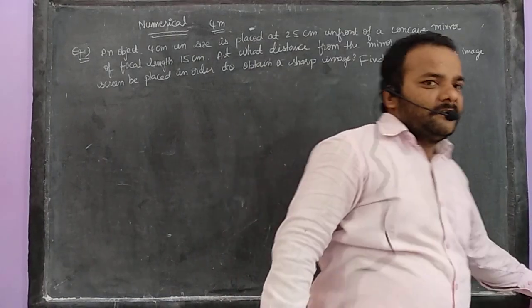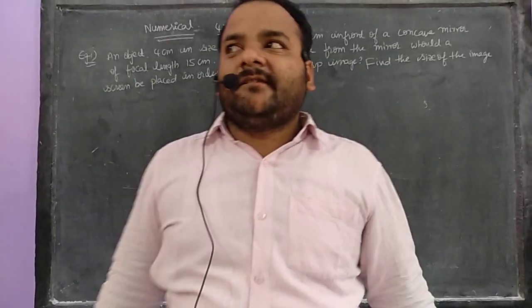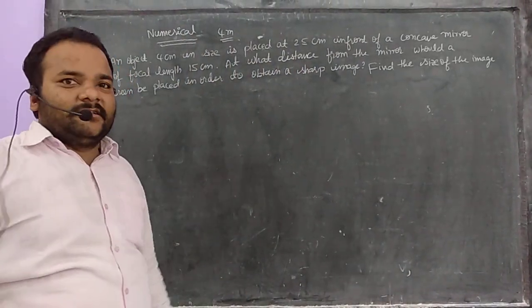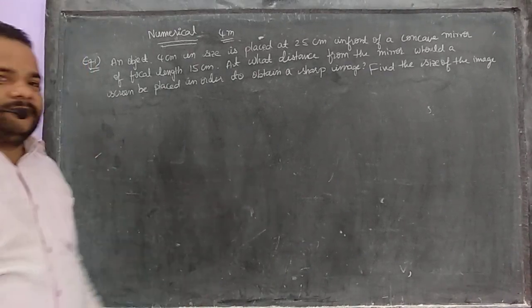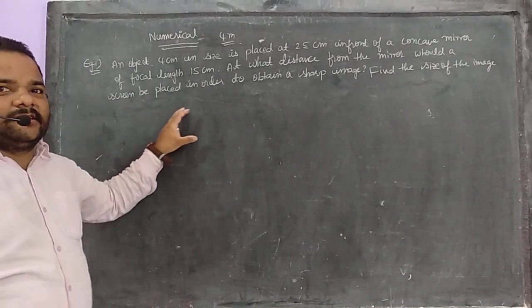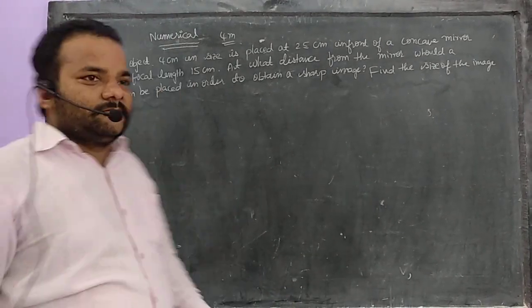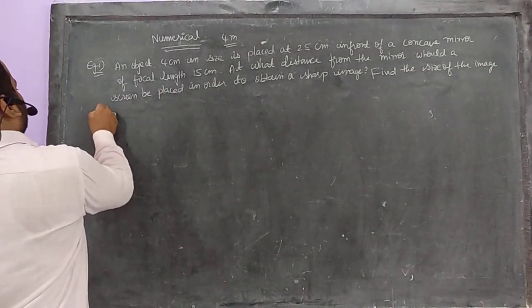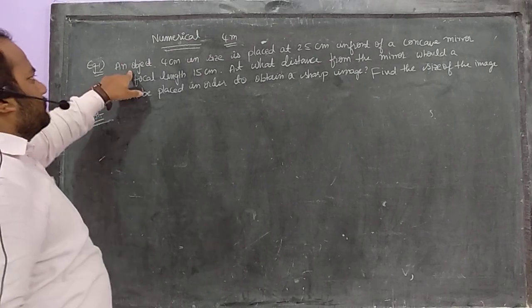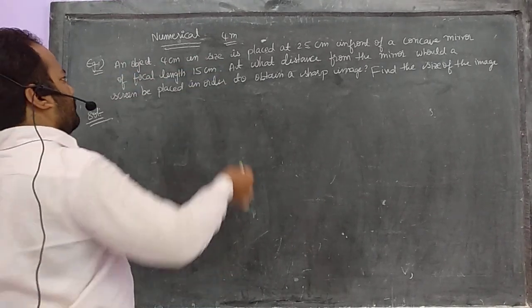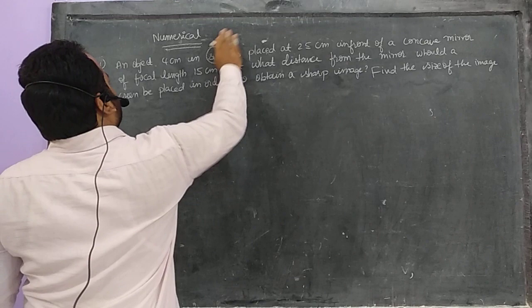So we will solve this problem, and it's so easy. It depends on the sign convention rule. Let us start. Object is 4 cm in size. What is the meaning of size?